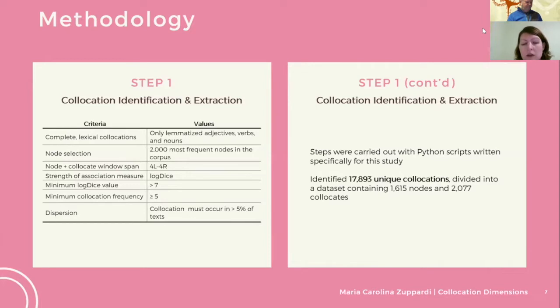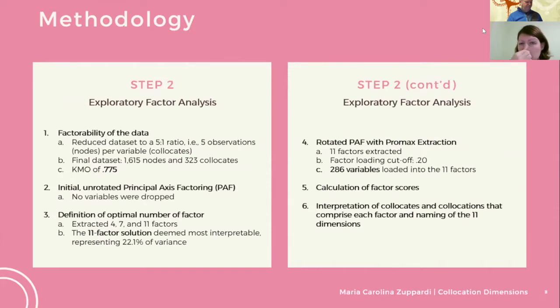The methodology that I chose, inspired, as I said, by multidimensional analysis, was exploratory factor analysis. In order to do that, I had to reduce the data set. Best practice is a ratio of 5 observations per variable, so my final data set was reduced to 323 collocates.